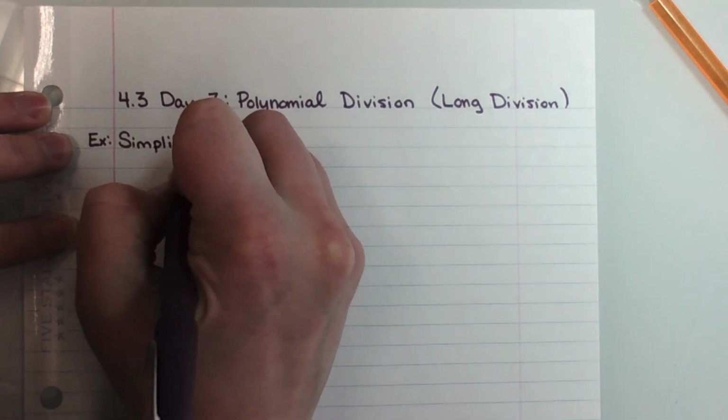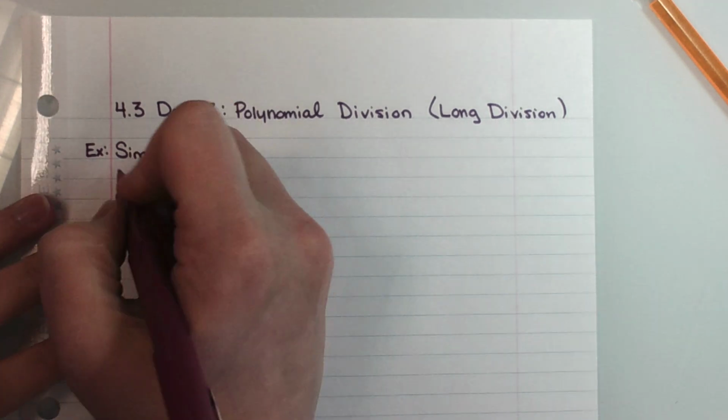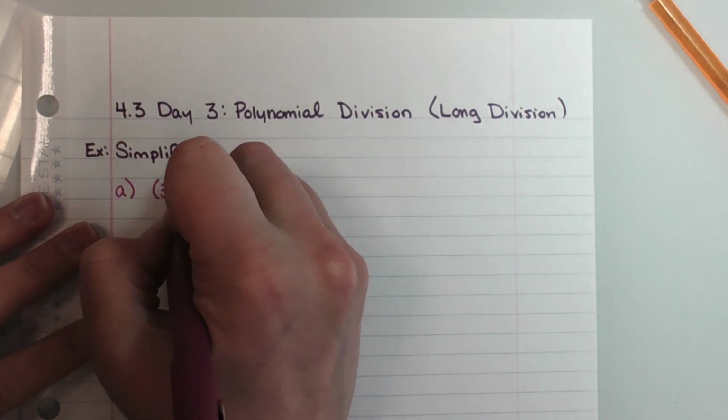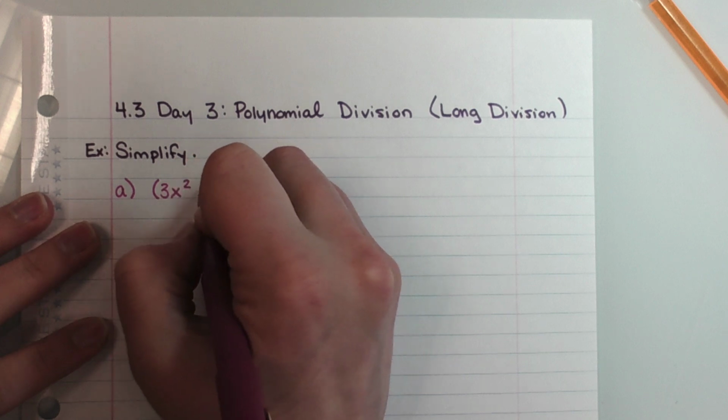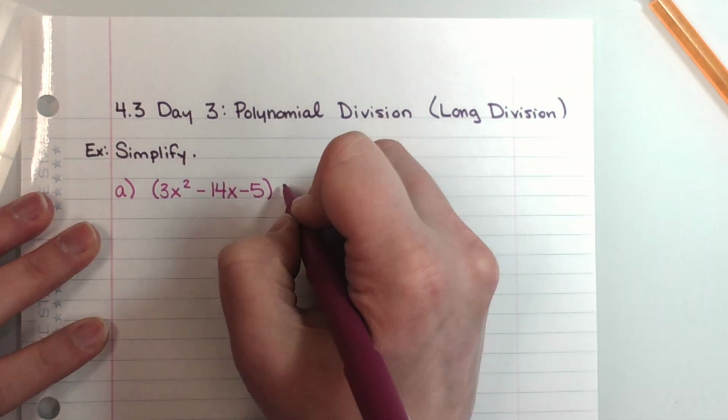So, instructions might say divide, they might say simplify. I'm going to leave it with simplify. And today, it's really doing the same stuff we were doing with numbers, just the polynomial version.